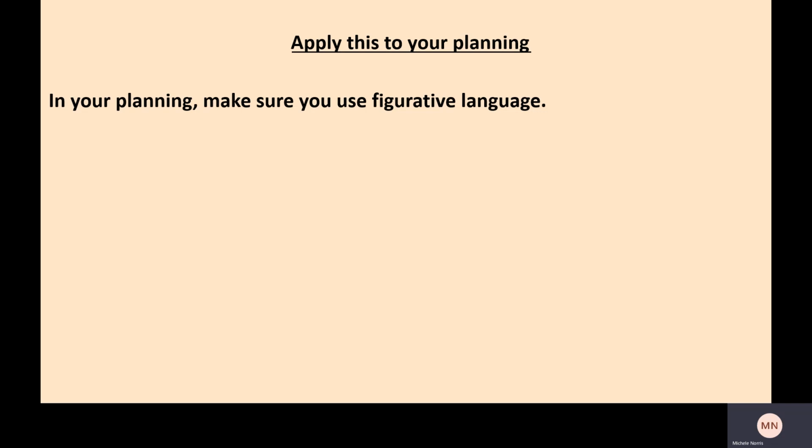It could be a colour, as we said before, or it could be an object. You can think about using some metaphors, similes, personification, even hyperbole, if you so choose. So do think about where and how you are going to incorporate this into the parable that you will be writing. So stop the video and add to your planning, please.